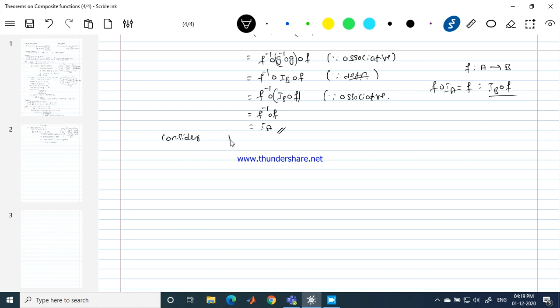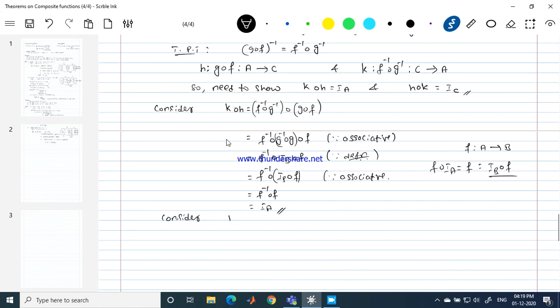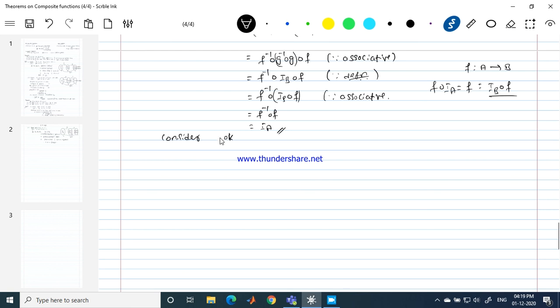Consider next one, that's K composition H. K composition H is equal to, H is given by F composition G and K is given by G inverse composition F inverse.